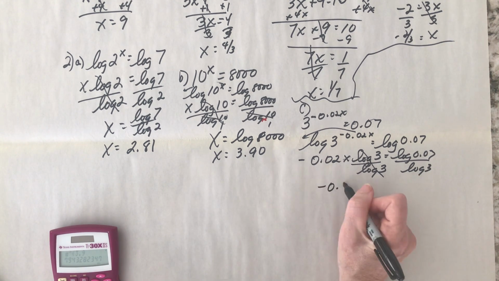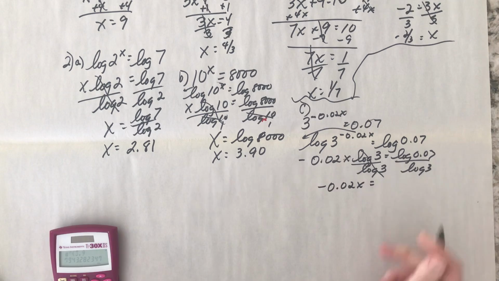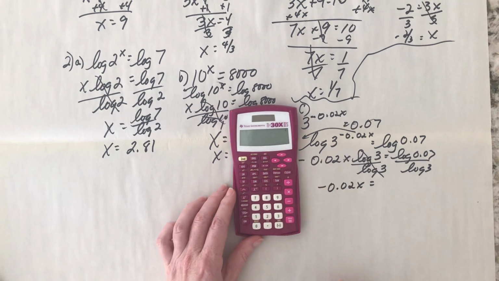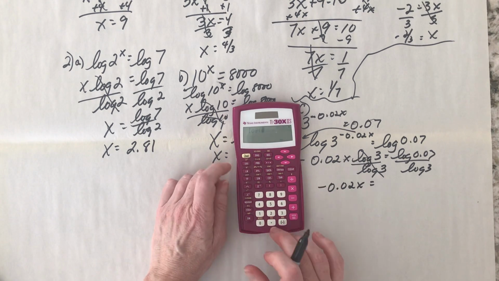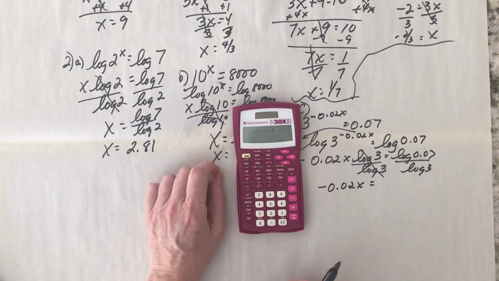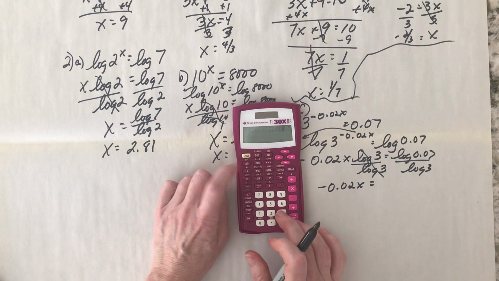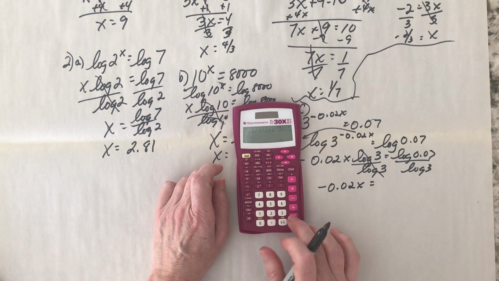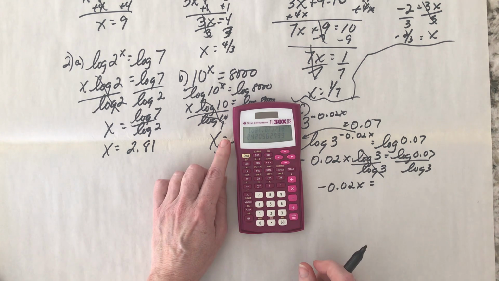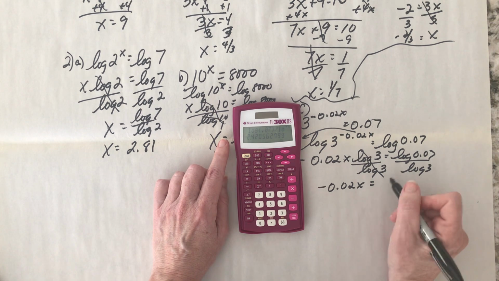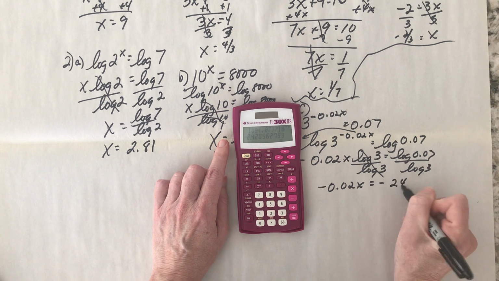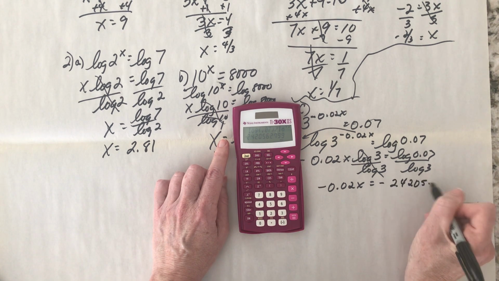So we get a negative 0.02x equals, grab your calculator. We're doing log of 0.07, close that parentheses out, divided by log of 3, and that equals negative 2.42. Equals negative 2.4205, blah, blah, blah.